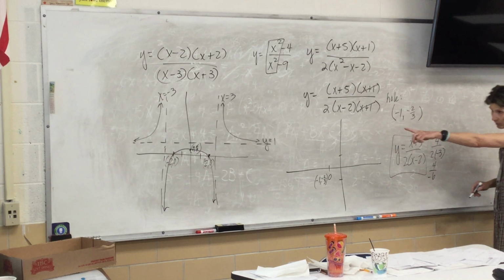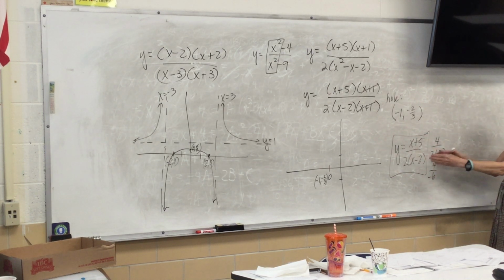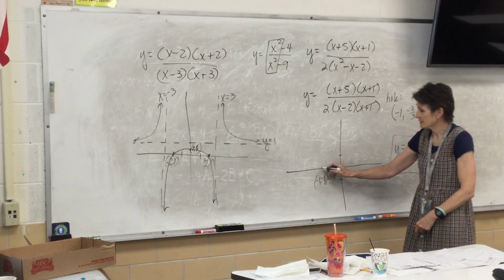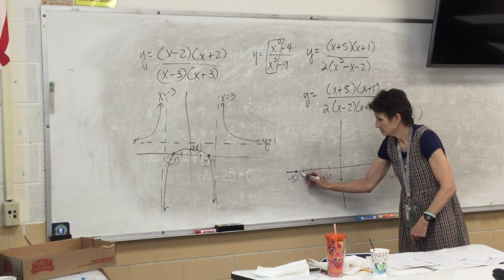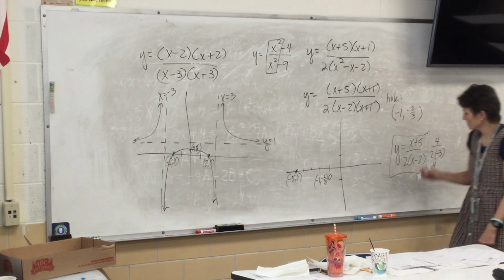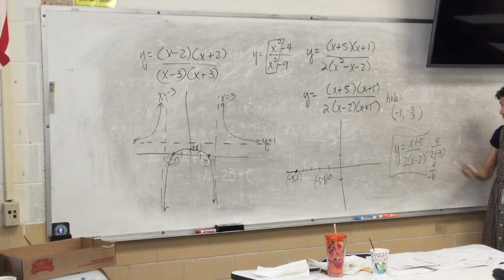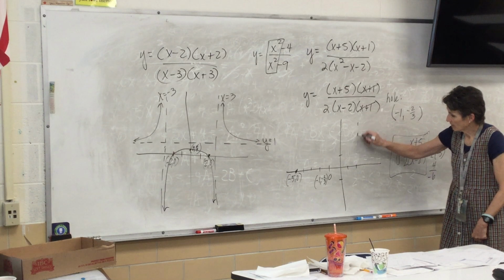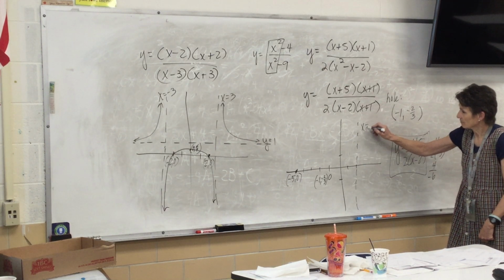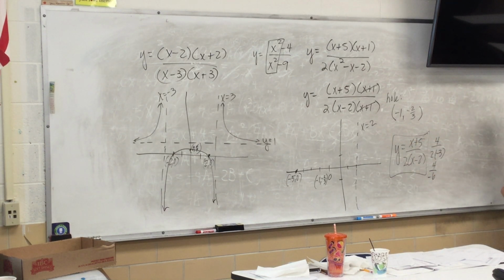Now, let's fill in everything we did over there, but from this picture now. So in the numerator, I can see that if x is -5, I'll get 0. So there's my x-intercept right there from the numerator. I can see that if x is 2, I'm going to be undefined. So that's my vertical asymptote.